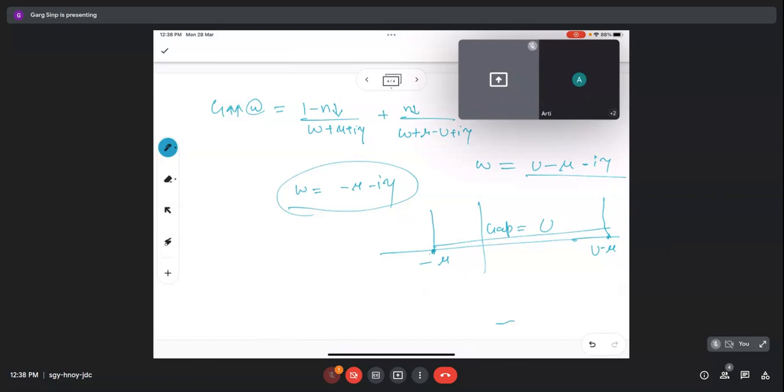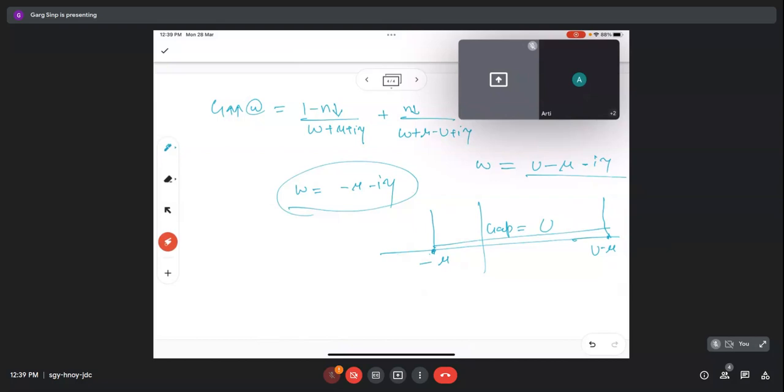And it also gives you the correct single particle excitation gap, because we know that we need a minimum energy of U to create any excitation in this system. U is a very high energy scale. As we were also doing in the similarity transformation, we have some low energy states and then high energy states which are separated from it with an energy scale of U. And this is what we are getting here.